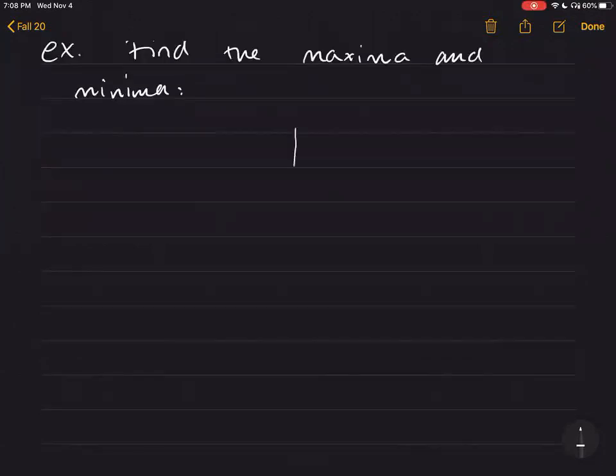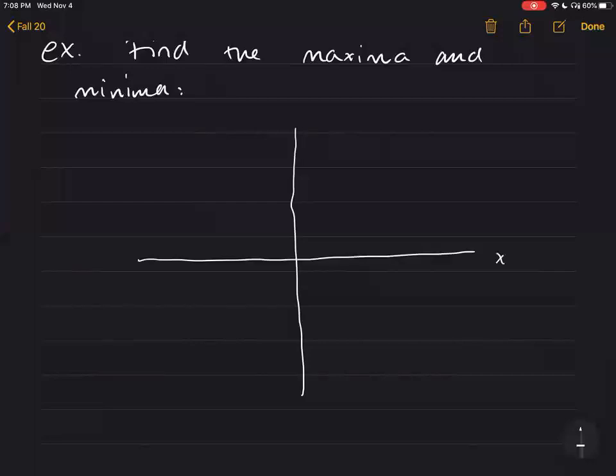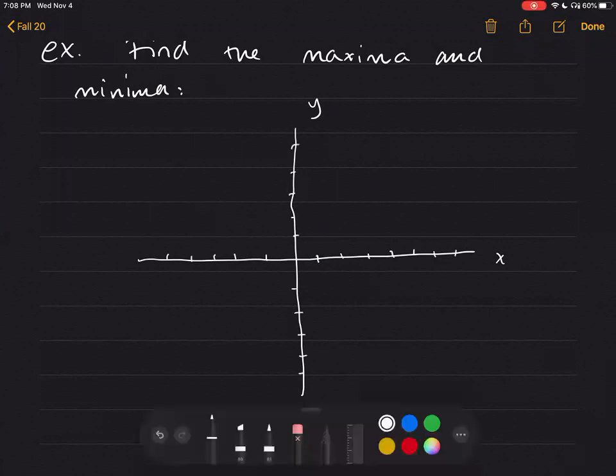So let's say we have a graph of something, and let's say it looks like this. Let's do a line here, and then let's make it an open circle, and we'll pick it out to about right here: 1, 2, 3, 4, and 1, 2, 3, 4. Yeah, this is it, 4, 4.